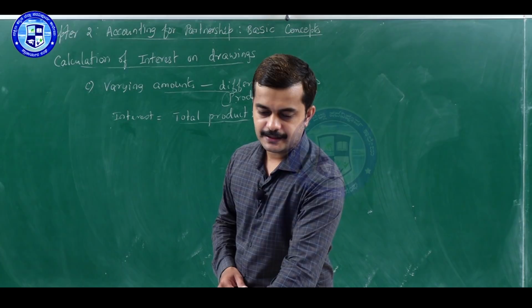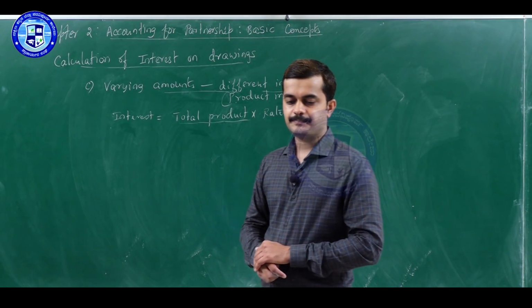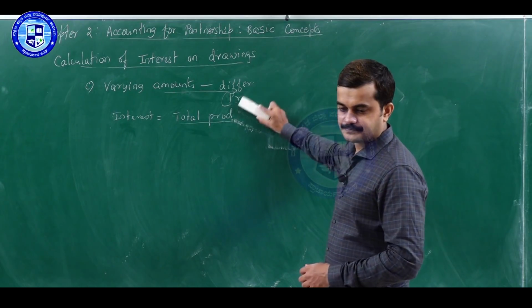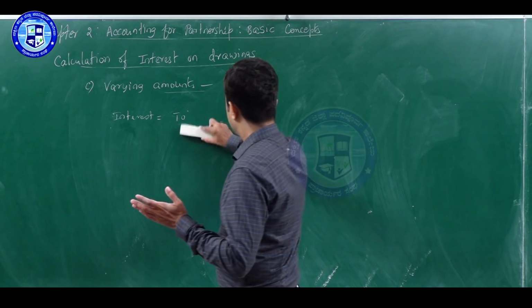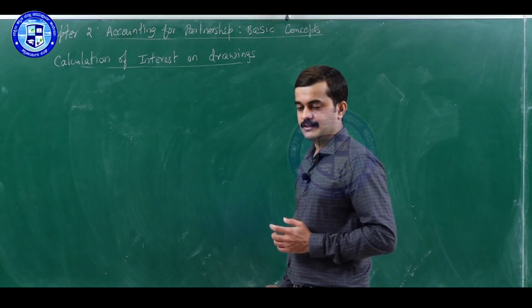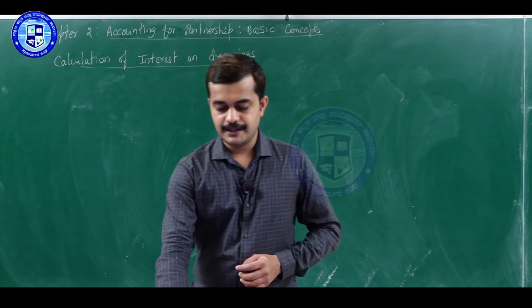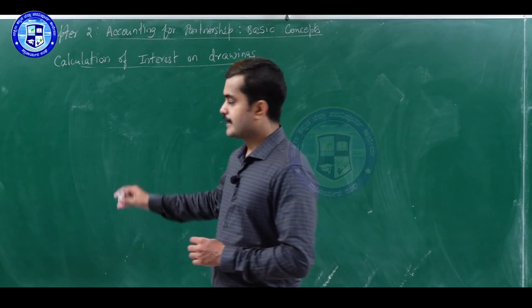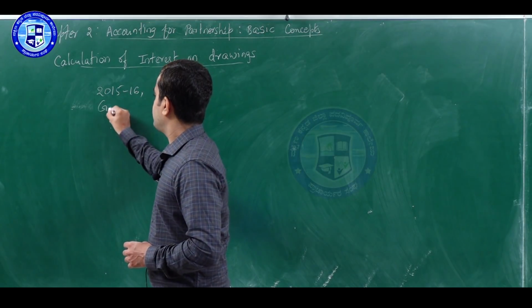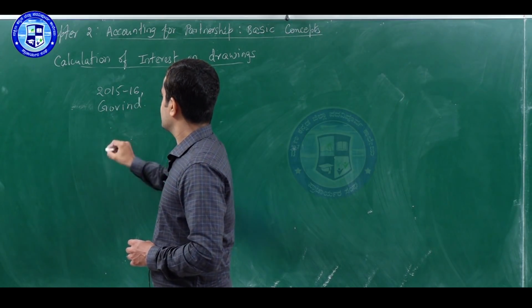There is a partner, his name is Govind. He withdrew different amounts of rupees at different time intervals. Details are given here. Accounting period is 2015-16. Partner's name is Govind.